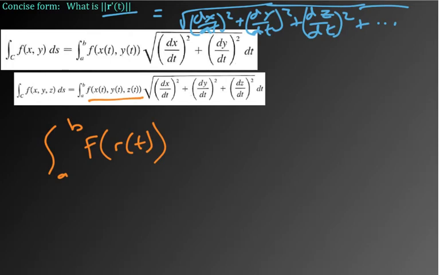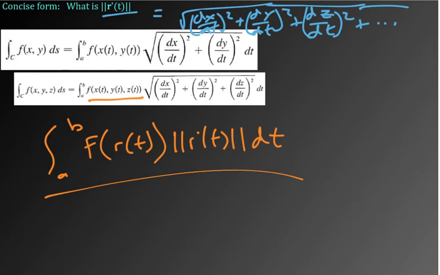And then you'll have, multiplied by it, the magnitude of r prime of t. That's the part of this ds thing. And then you'll have a dt. That's really the way I'm used to writing line integrals. And these two things are literally multiplied together, just like this, okay?